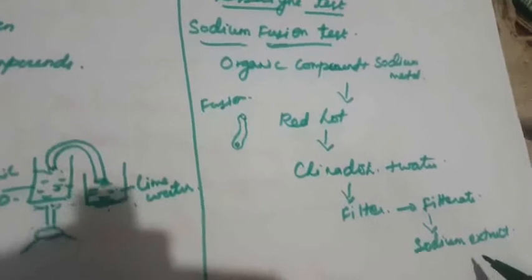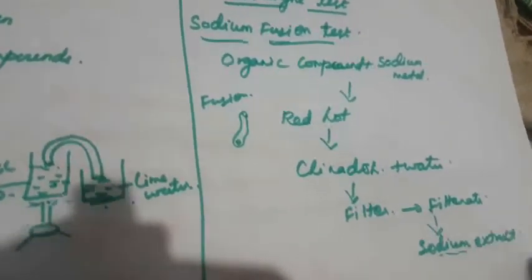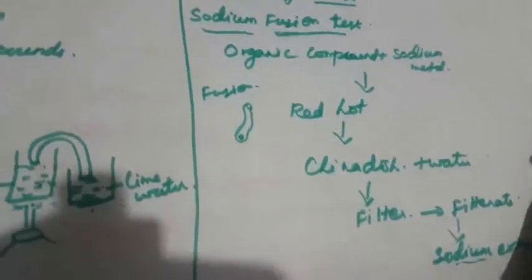Now, after that, this can be used as the Lassaigne filtrate. This test can be used to identify different compounds. First one is the test for nitrogen. The Lassaigne sodium extract contains nitrogen, carbon, sulfur, all the elements present in that organic compound.